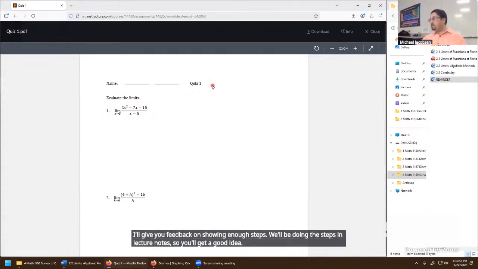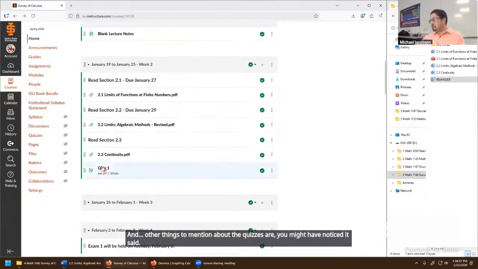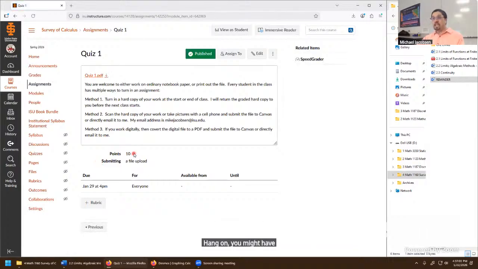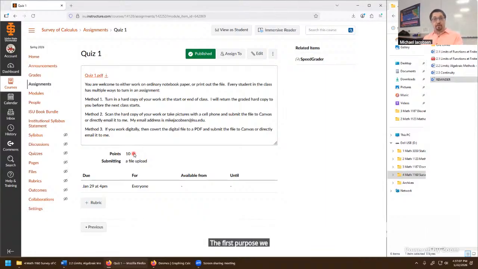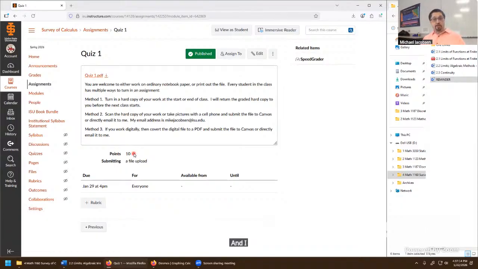And other things to mention about the quizzes: you might have noticed it said it's out of 10 points. Quizzes serve a couple of purposes for us. The first purpose is to give you a feel for what a real exam question looks like and how to write out your step-by-step solutions, and I give you lots of feedback on each one of your quizzes when I return them to you.